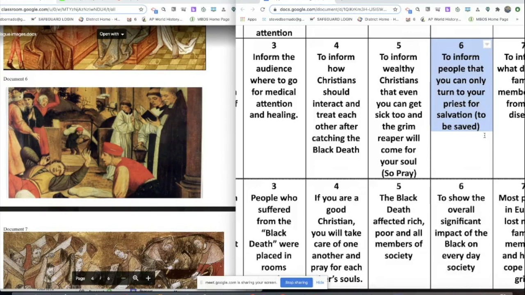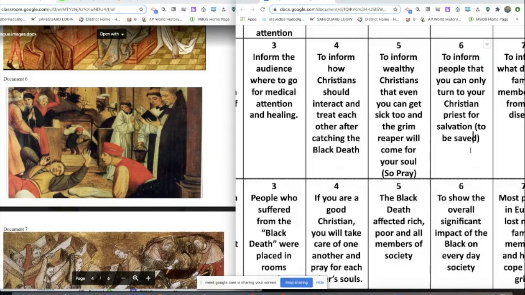Highlighted in blue, to inform people that you can only turn to your priest for salvation to be saved. Who is the only individuals in that image that are doing a lot of the helping? That is the Christian priests, okay? I'll add Christian. You can turn to your Christian priests for salvation to be saved, okay?